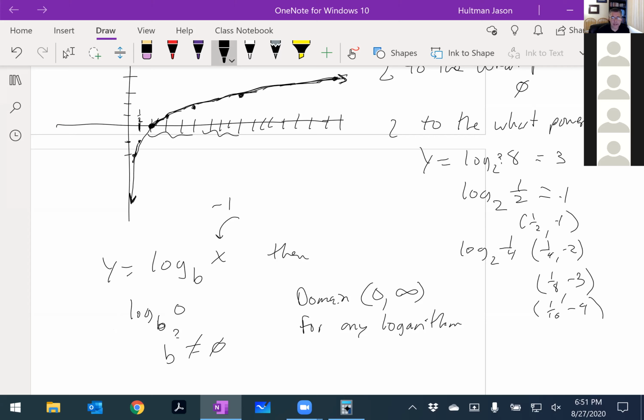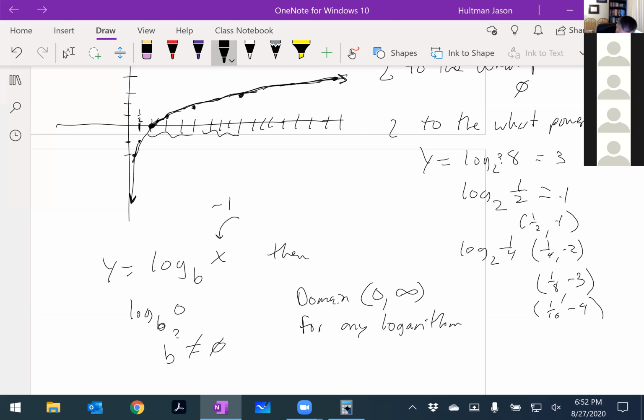I also can't get any negative numbers. I can get fractions though. All I have to do is raise it to a negative number, right? So I can get fractions. But I can't let x be 0 or negative. I can't let my output be a negative number or 0.